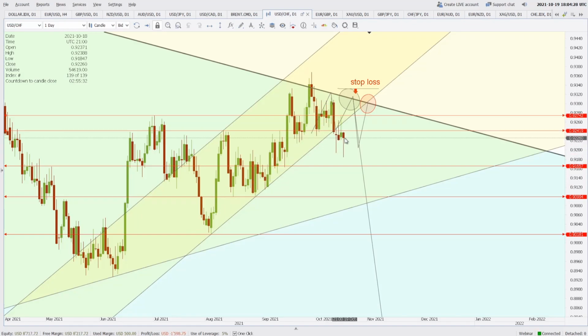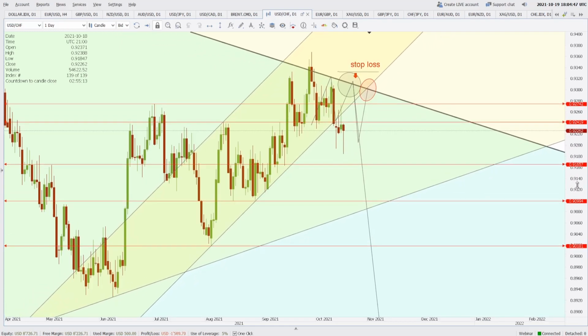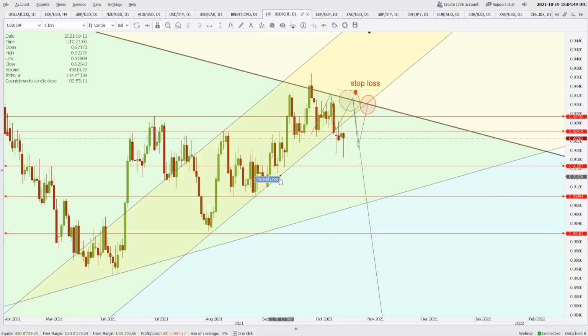Now today the price has made an intraday low of 0.9184, but has been rejected at the lower levels. That means people are still finding that the US dollar is better than the Swiss franc, but I think if more people would have been thinking the same thing, then this uptrending channel would have held.